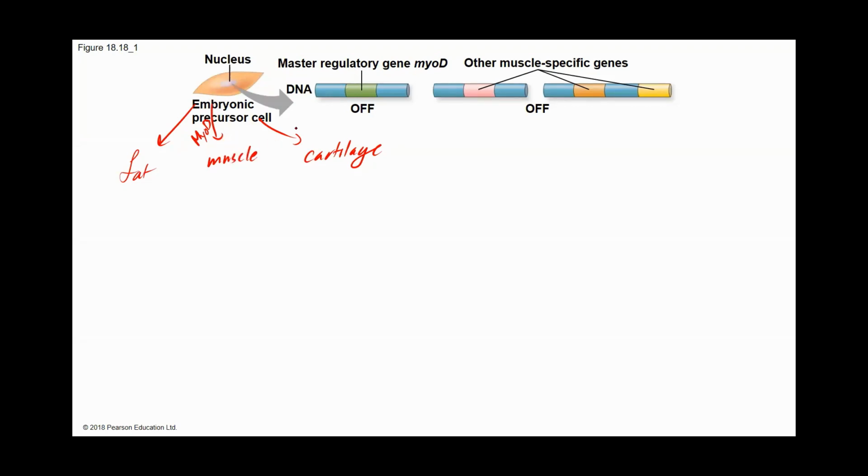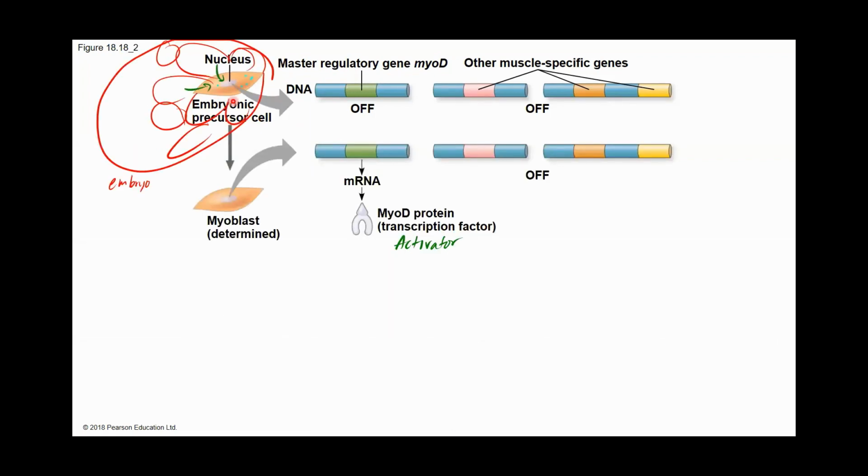If, for example, another master regulatory gene, I don't know what the master regulatory gene for cartilage is, but maybe if a protein called X is produced inside this cell, the cell will be committed to become a cartilage cell. Maybe another master regulatory protein, Y, is produced inside the cell, and it will later become a fat cell. Okay. And of course, if MyoD is produced, we know the rest of the story.